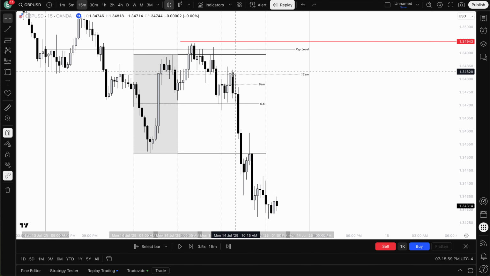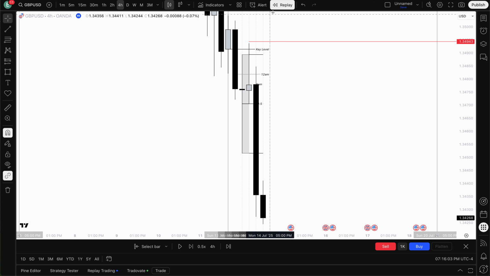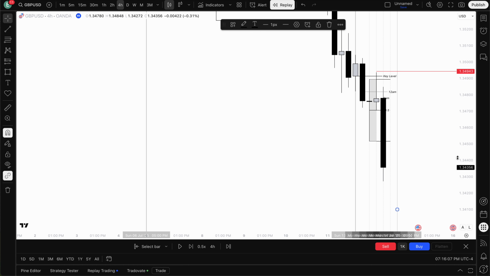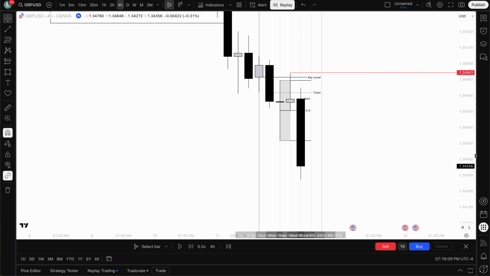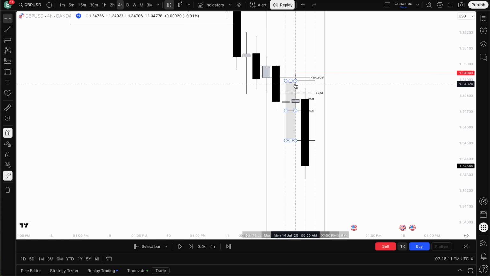Rejecting highs, breaking lows. Look at the 4-hour time frame, right? The 9 a.m. candle was a thick expansion candle. Candle 1, candle 2 manipulation rejects the high. We expect the next candle to break the low.